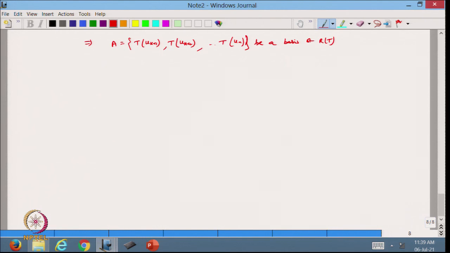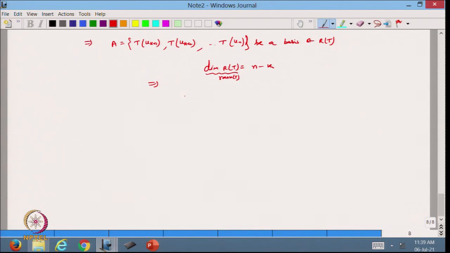And now from here you can say that it is the basis of R(T). So, dimension of R(T) will be n minus k, and dimension of R(T) is basically the rank of T.